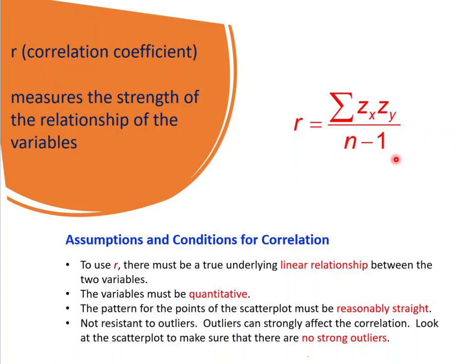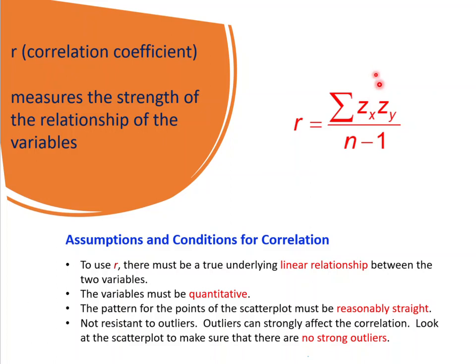Now, again, I'm not going to ask you to calculate the correlation coefficient by hand, but this brings us to the idea of what we remember about z-scores from chapter 3. Hopefully, you remember that z-scores, standard deviations, and means are all not resistant to outliers, right? They're easily influenced by outliers.